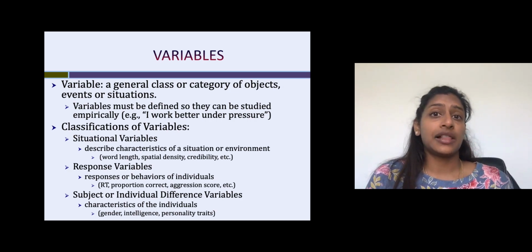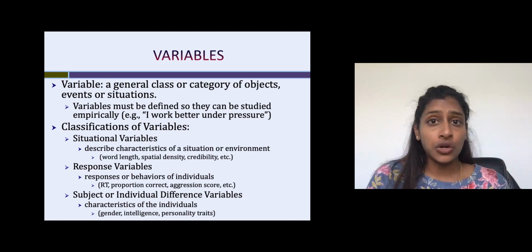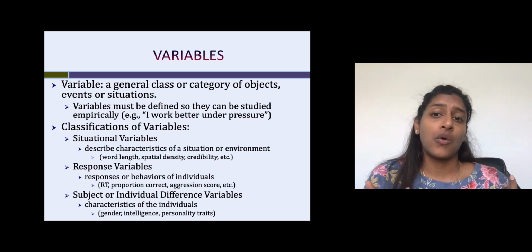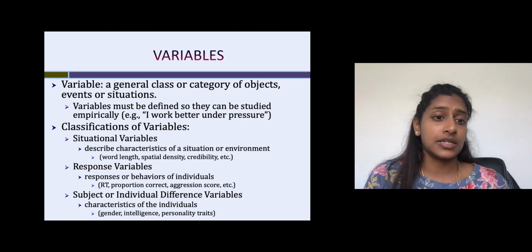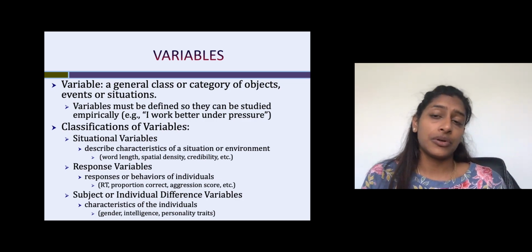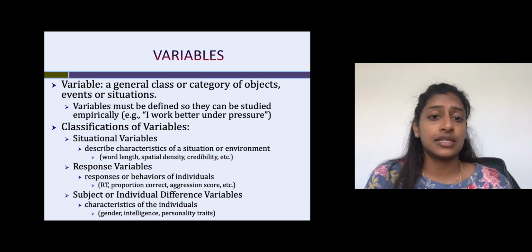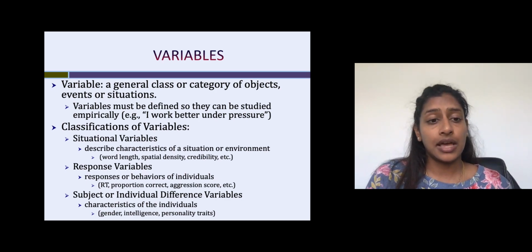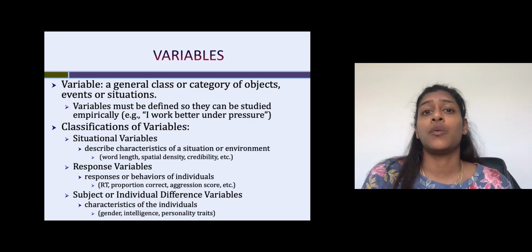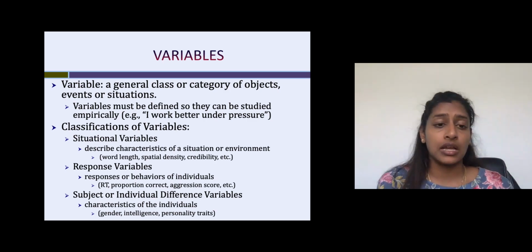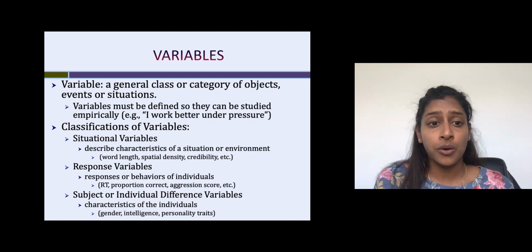So we also have different classifications of variables as well. We have situational variables. These are going to describe characteristics of a situation, of an environment. Some of the examples that you might find in your book are related to word length or spatial density, credibility, etc. We have response variables, and these are the ways in which we are responding or maybe more simply behaviors of an individual.